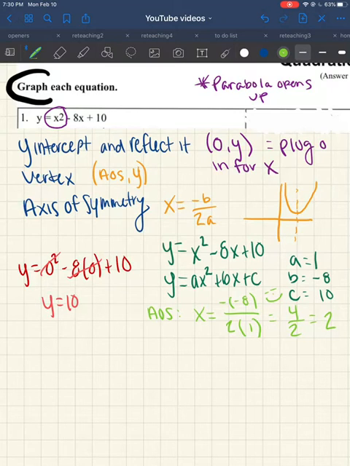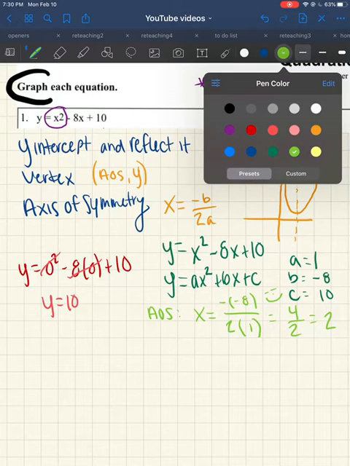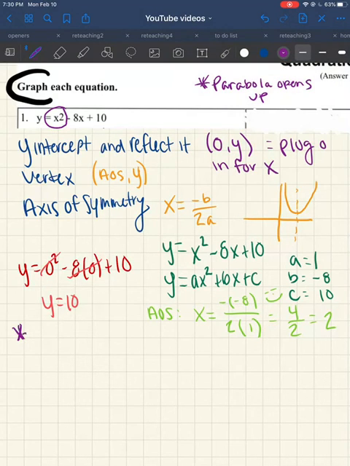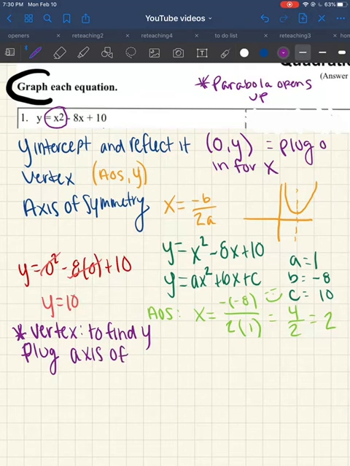I have my y-intercept. Now I need the y of my vertex. So I will write a little note over here. Vertex. To find y, plug axis of symmetry into equation.